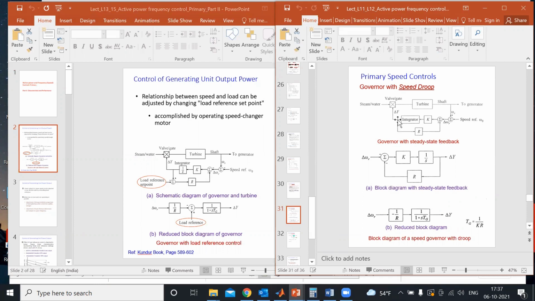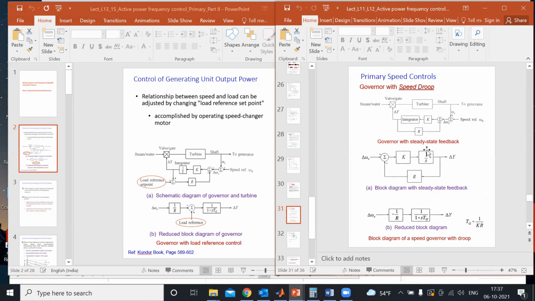And we had the speed droop applied, and then the correction on the signal through the proportional controller and integral controller, which was given to the actuator for steam and water inlet to turbine. This was represented in this way as a block diagram.